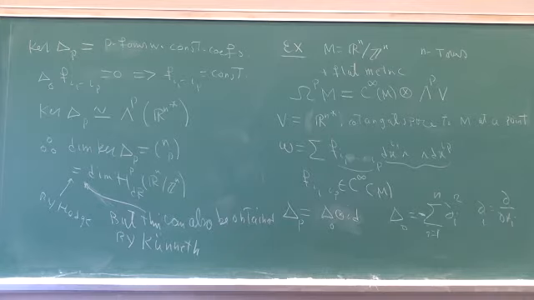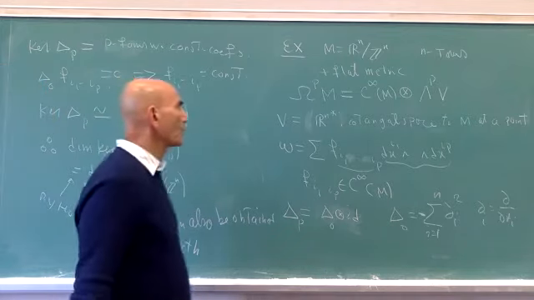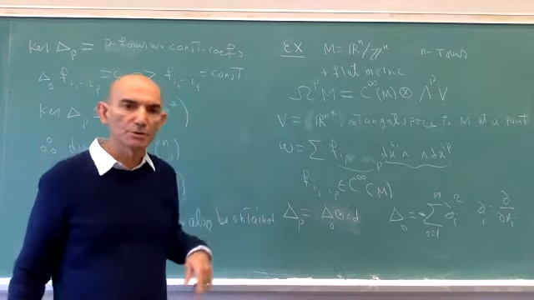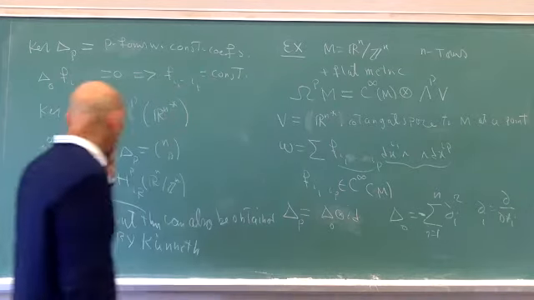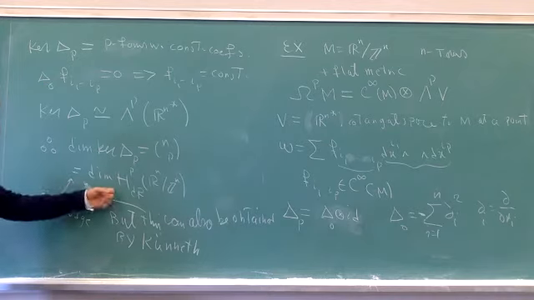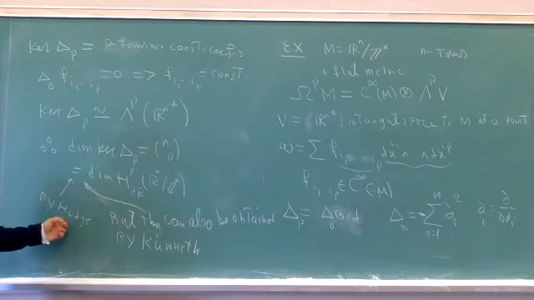So let me give another example. Okay, so this was our first example. We checked this statement about Hodge decomposition. Oh, by the way, we didn't check a statement of Hodge decomposition. We just checked this statement that the dimension of harmonic p-forms is the dimension of p cohomology. What happens to the Hodge decomposition itself?